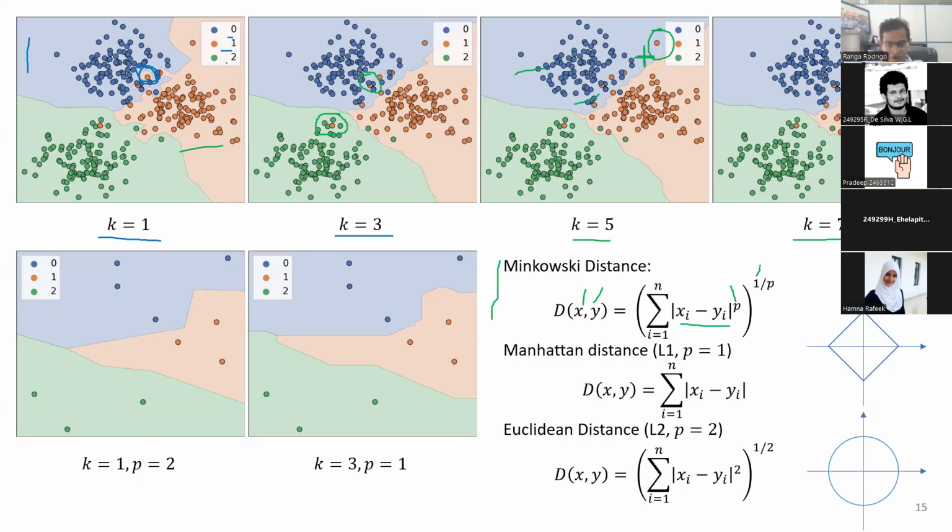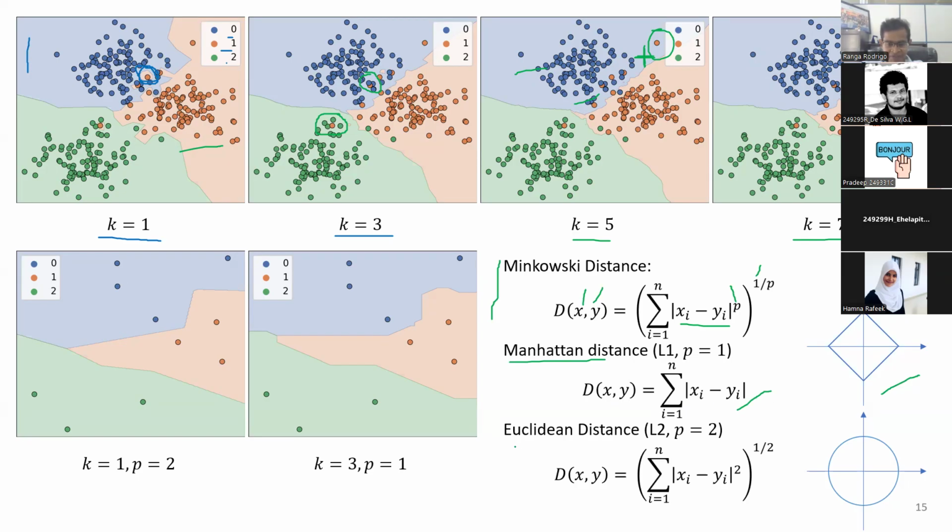So when p is equal to 1, you have the L1 distance. We call it Manhattan distance, L1, p is equal to 1. The distance for the two-dimensional case grows like that. You can look at this diagram and think about it. For the L1, p equals 1 case, the distance metric is this one.